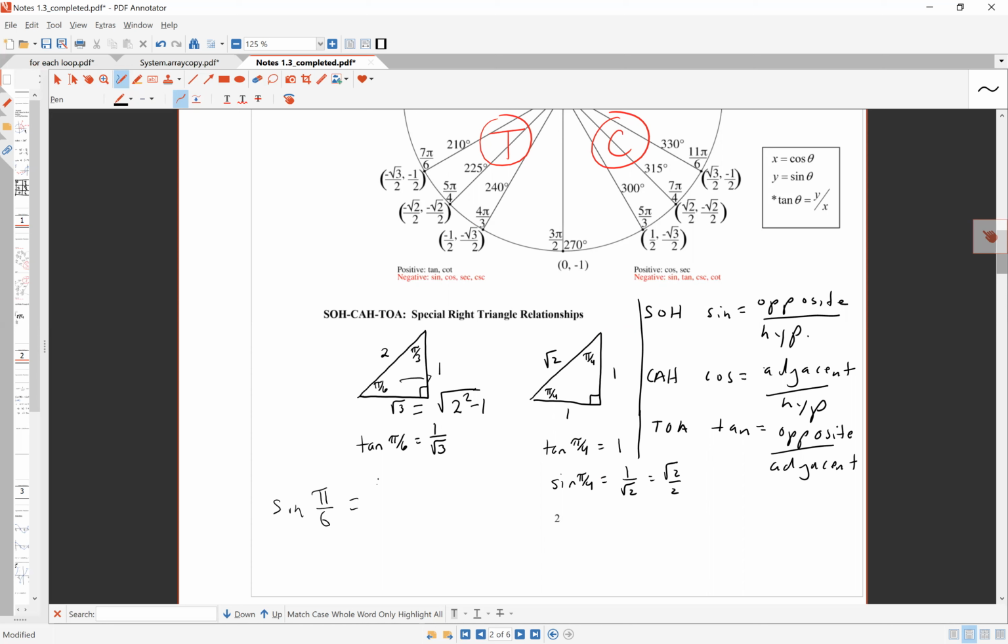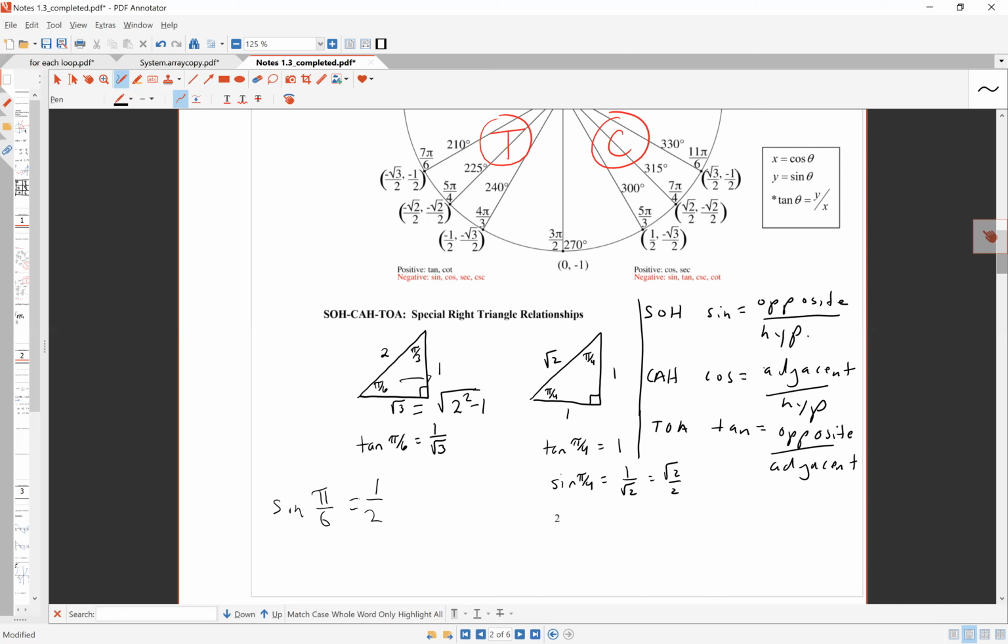That's a lot of times how you define sine, but also sine and cosine are the first and second coordinates on the unit circle. Now look at that second triangle, the isosceles triangle where the two angles are pi over 4, or 45 degrees. The sides opposite pi over 4 have the same length. If the side opposite the angle pi over 4 is 1, then the hypotenuse has to be square root of 2.